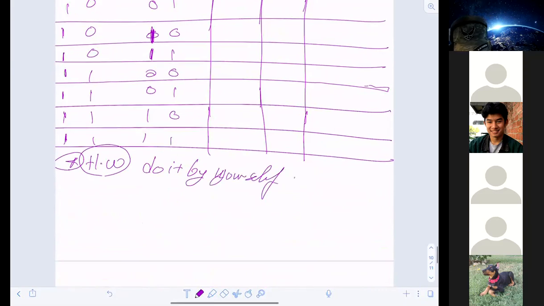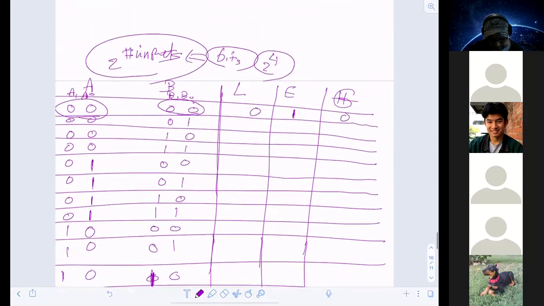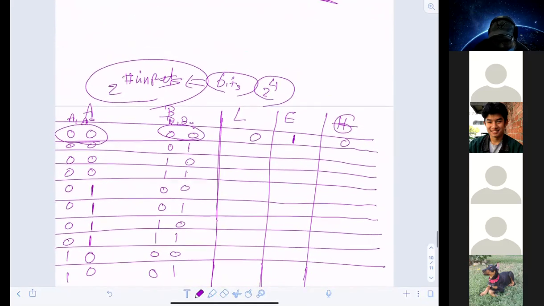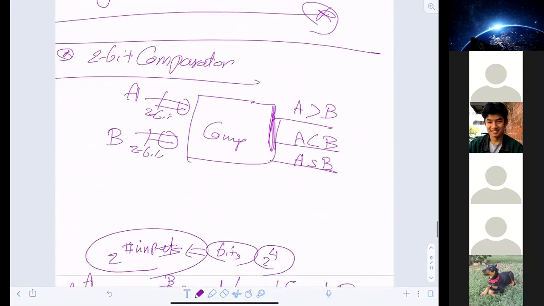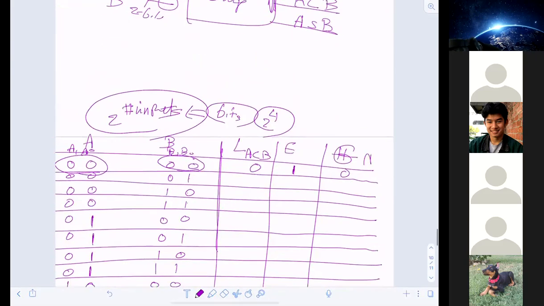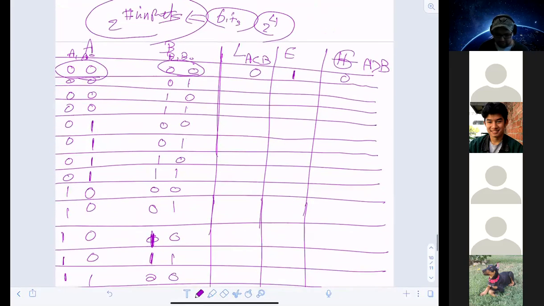So are we looking at A is greater than B, and A would be the first one? Here, L is A less than B, right? Greater is A greater than B. Is the first input the one that you're comparing? It doesn't matter.